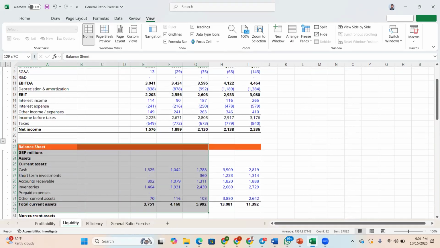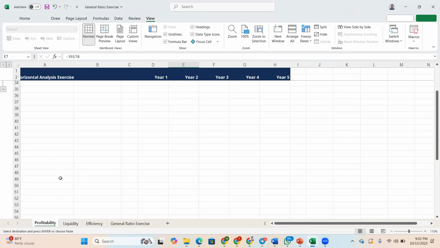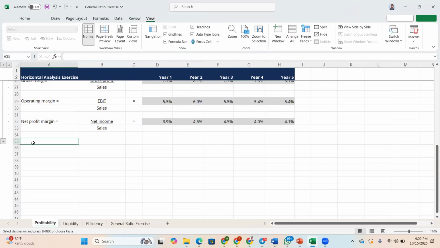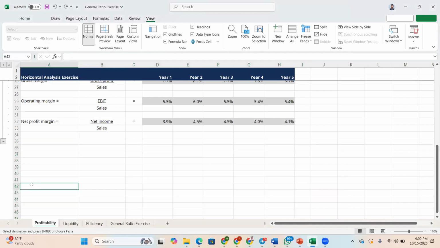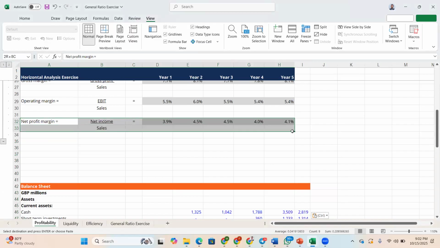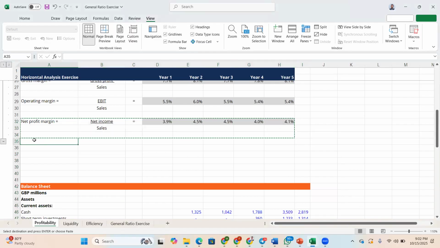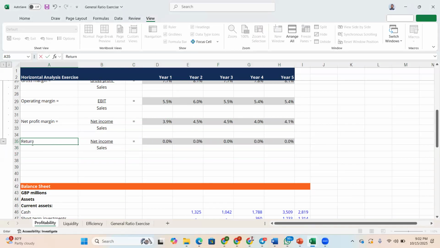Since we have balance sheets, I want us to calculate the other two ratios, starting with return on assets.